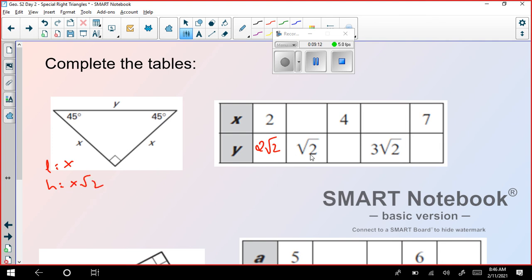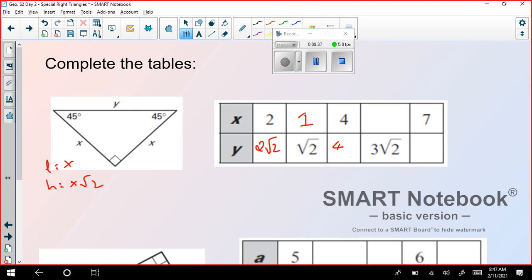Same here, I have the hypotenuse as root 2. If the hypotenuse is root 2, then x is going to be just 1. Here if x, the leg, is 4, then the hypotenuse is going to be 4 root 2.